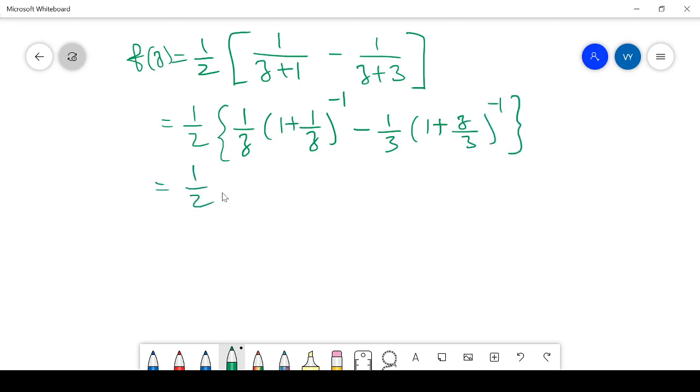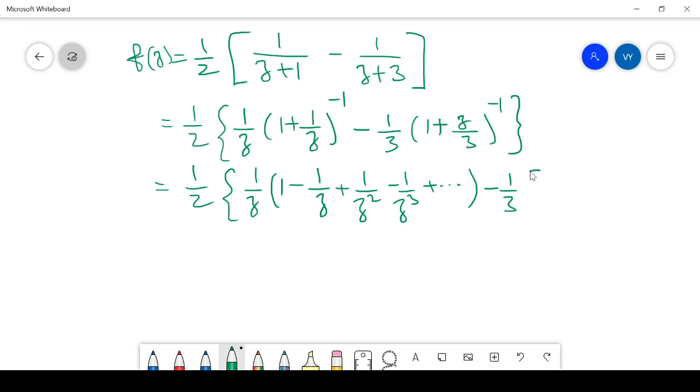So this will be 1/2 times 1/z into the expansion using the binomial theorem: (1 - 1/z + 1/z^2 - 1/z^3 + so on) - 1/3 times (1 - z/3 + z^2/9 - z^3/27 + so on).